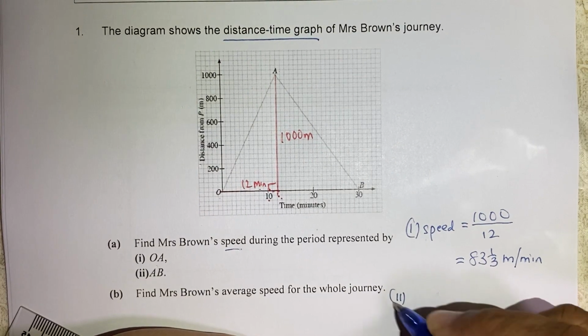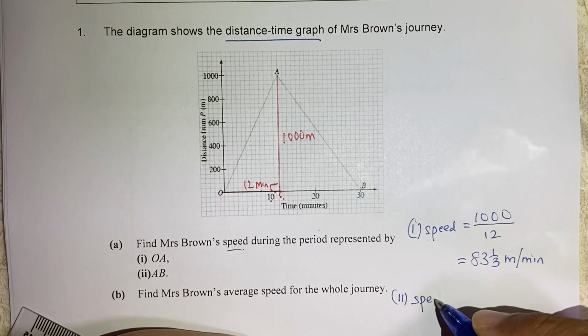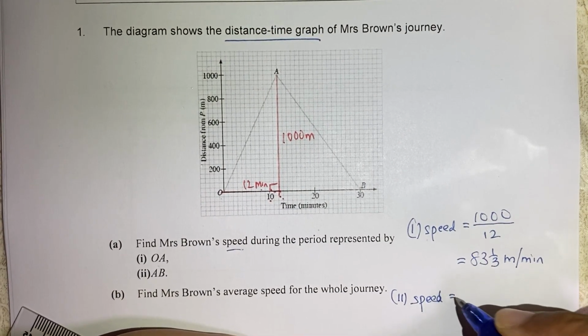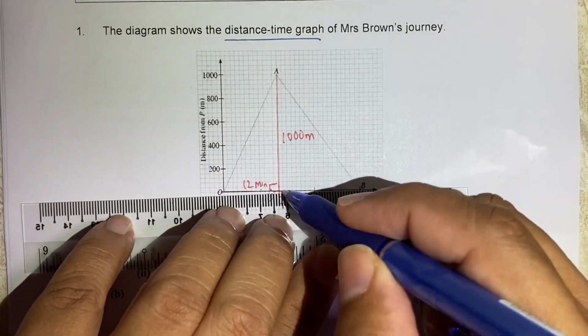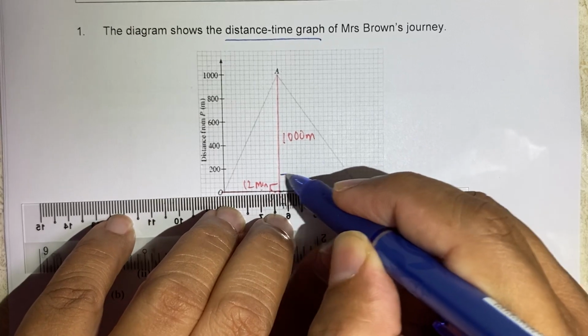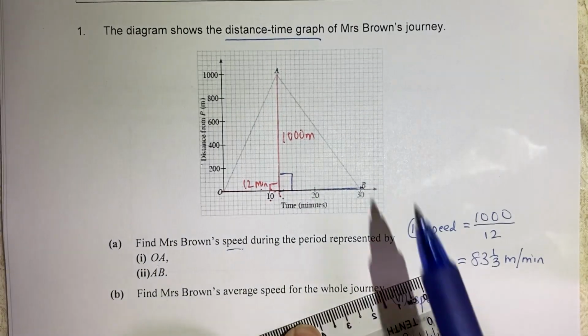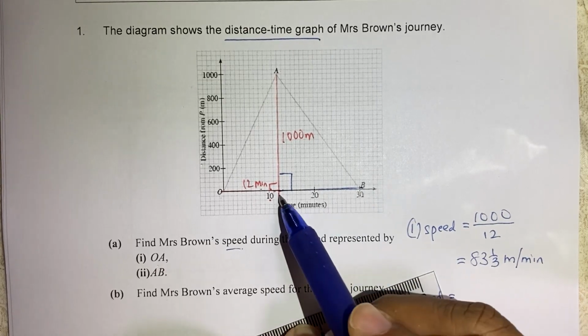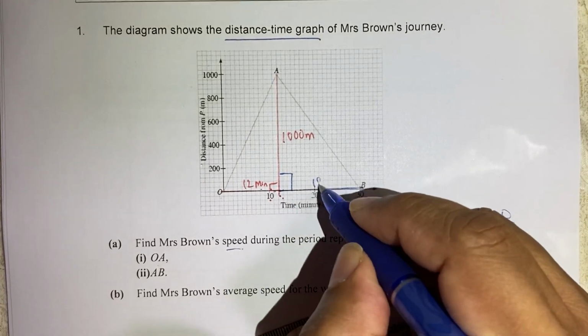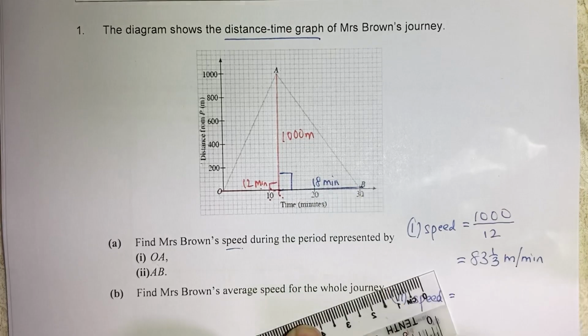Now, for part 2, the speed will be equal to, again, 1000, but now we are looking at this triangle. This is still 1000, but the time taken will be 30 minus 12, which is 18 minutes.